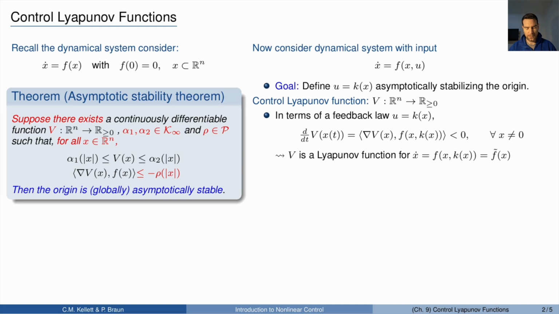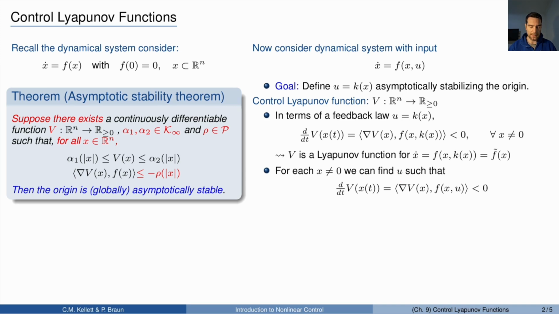So here there is not much new yet, but what we can also do is to not define a feedback law u is equal to k of x directly and simply state this decrease condition in terms of the function where we have not selected a feedback law u yet.